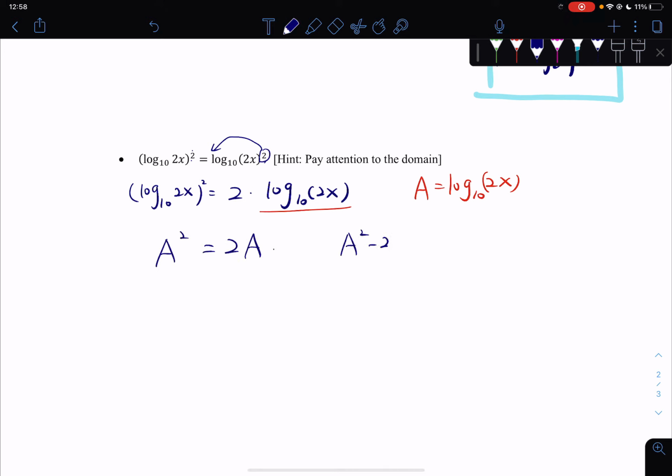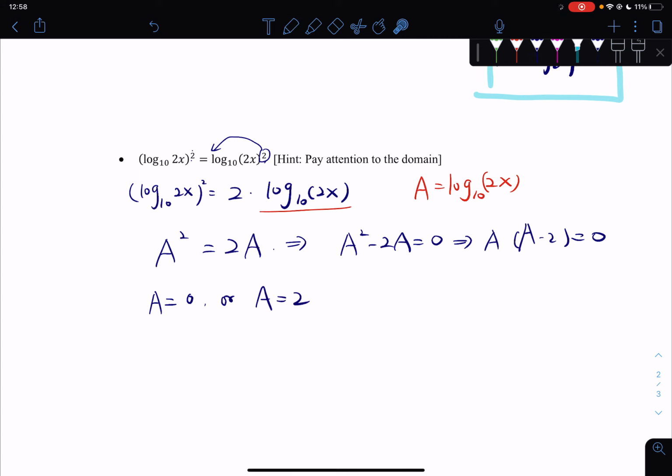And for a quadratic structure, I always encourage you to factor instead of doing cancellation because it's very likely you're going to miss a solution. So I end up with A being 0 or A being 2. And you see what I'm saying? If you divide A from both sides, you end up with A being 2. It's highly likely you will forget the possibility of A being 0 because you were doing cancellation. You made the assumption A is not 0 right away. So I think it's always a good idea to factor to make sure you don't miss any extra solutions.